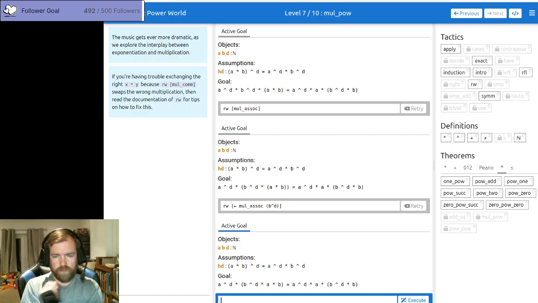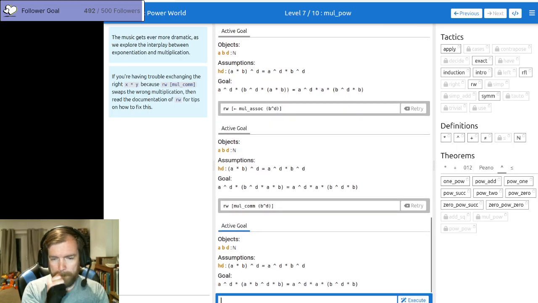So that is going to group b to the d and a first, at which point we say we're going to rewrite multiplicative commutativity of b to the d. And then we're going to do another, this is just regular, multiplicative associativity of a.